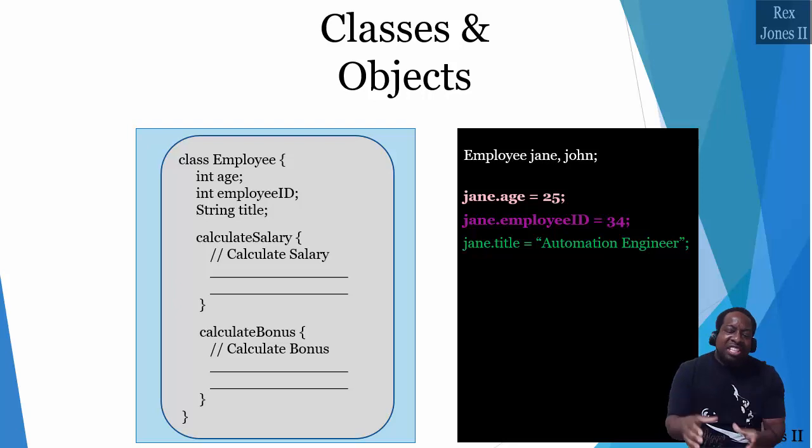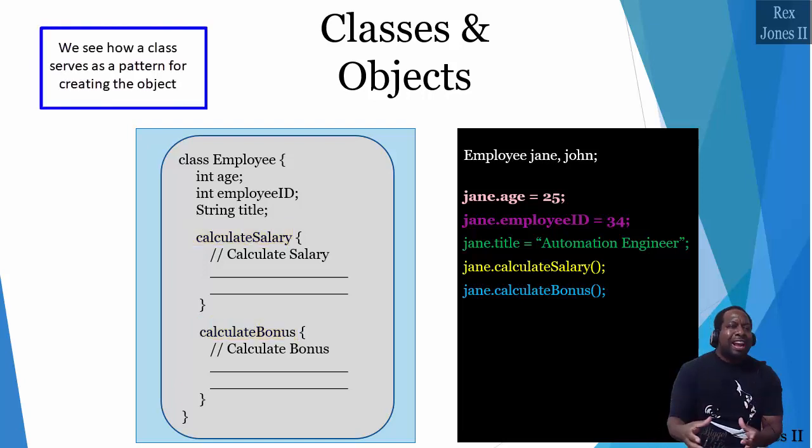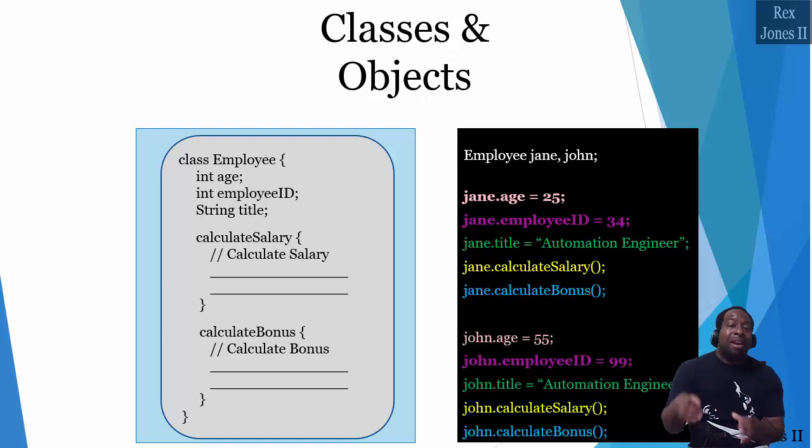The same goes for each method, calculate salary and calculate bonus. Jane has access to both methods, calculate salary and calculate bonus. We see how a class serves as a pattern for creating the object. In the same manner, our object John has access to the same data and methods.